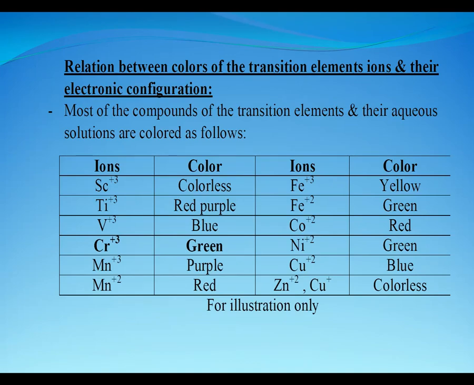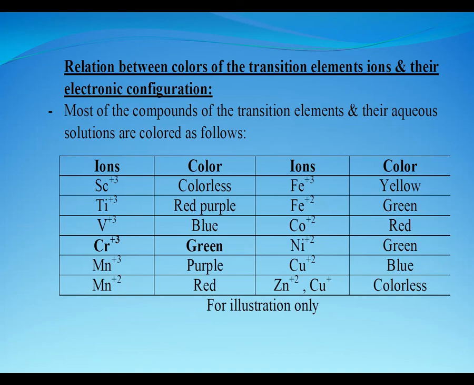So what is the relation between the colors of transition elements ions and their electronic configuration? Most of the compounds of transition elements and their aqueous solutions are colored. For example, scandium is colorless because of the absence of 3d electrons. Titanium is red-blue.